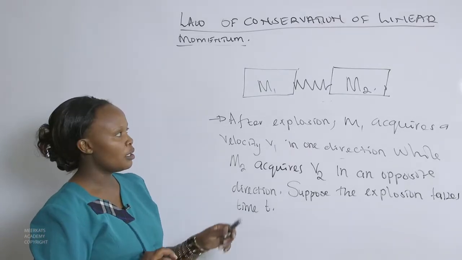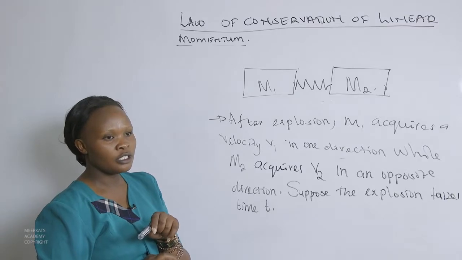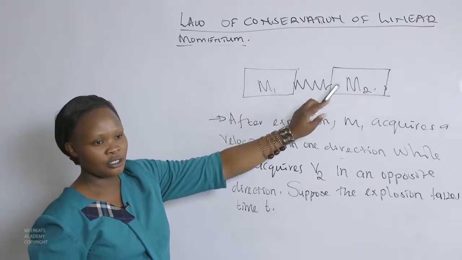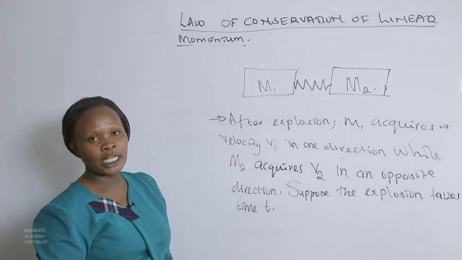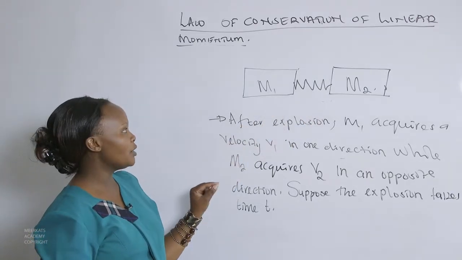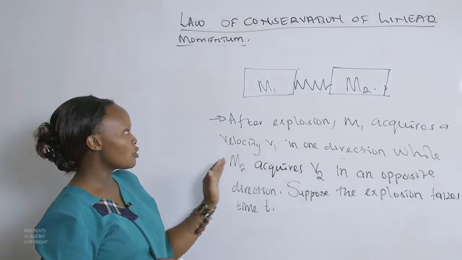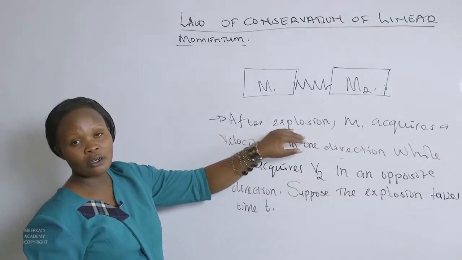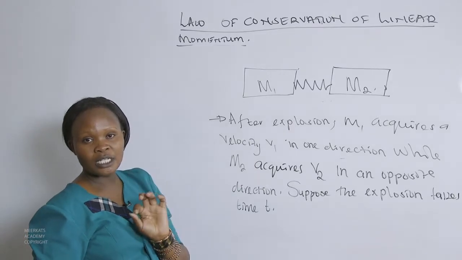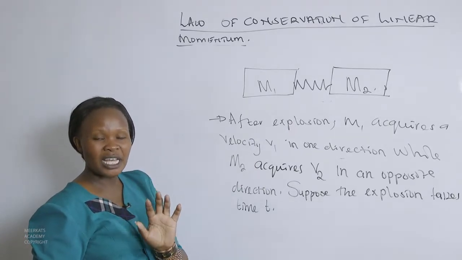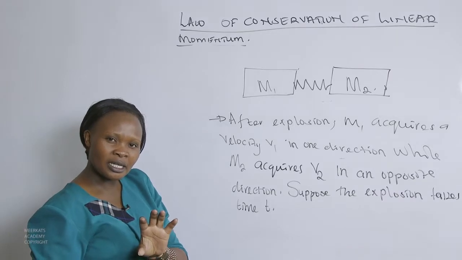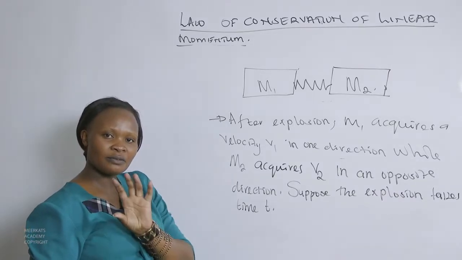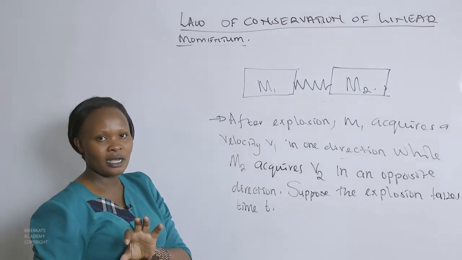Note, initially, the bodies were attached using a spring. Something happened to the spring so that now the bodies were detached. Each one of them moved in a separate direction, acquiring different velocities.